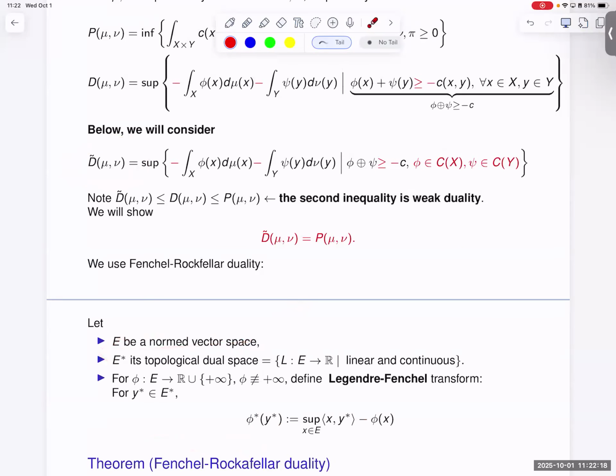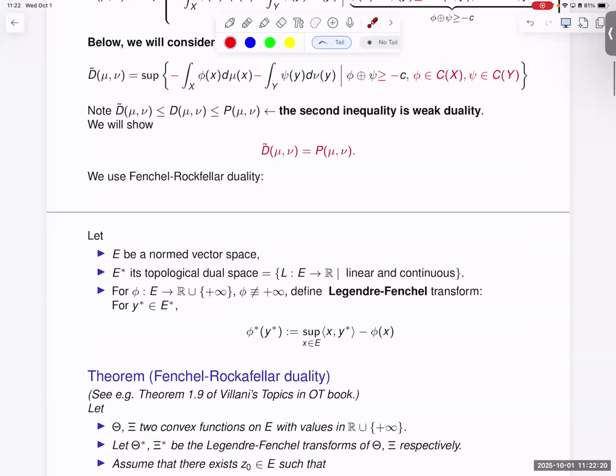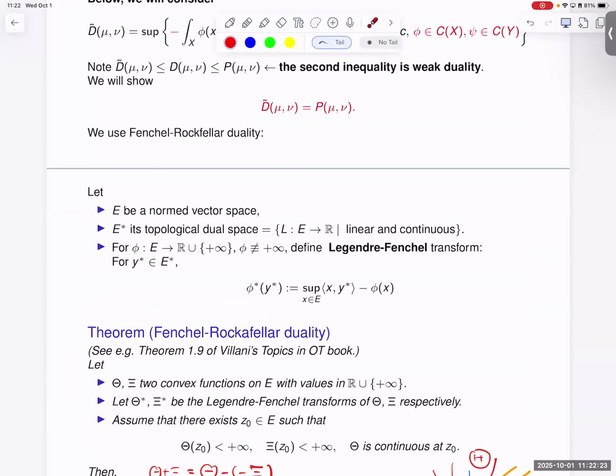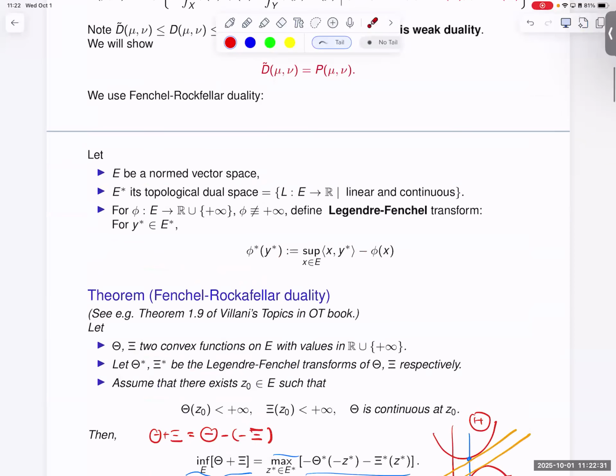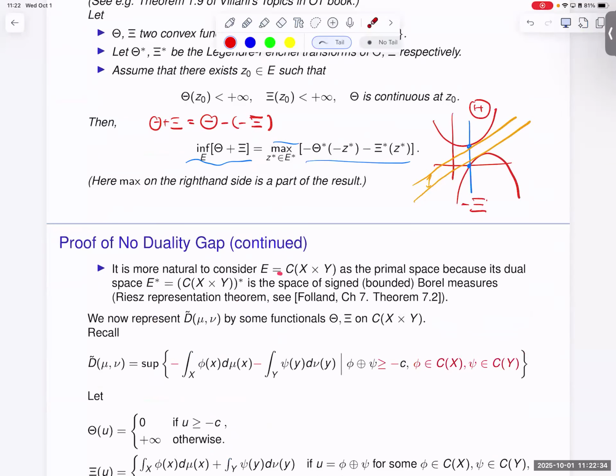as our initial space for this Fenchel-Rockafellar duality. Then this E star will be the space of measures, which are like the space of transport plans. So that's why we choose E as the space of continuous functions on this product space x times y, and then E star, which is the dual to it, is the space of signed Borel measures. This is a result of the so-called Riesz representation theorem, and you can check this book for that.